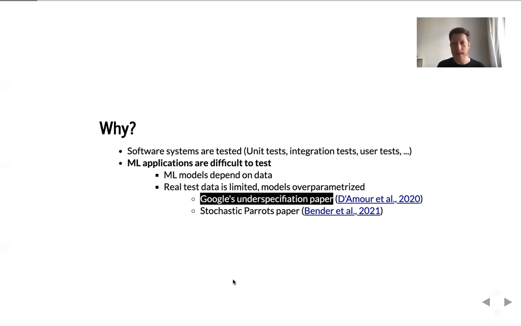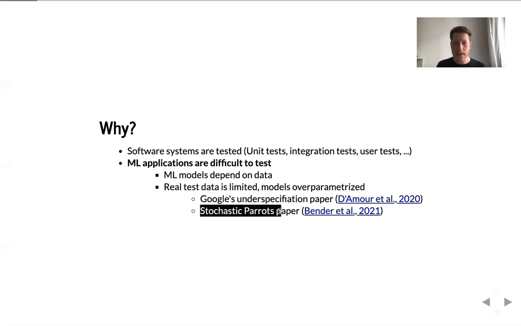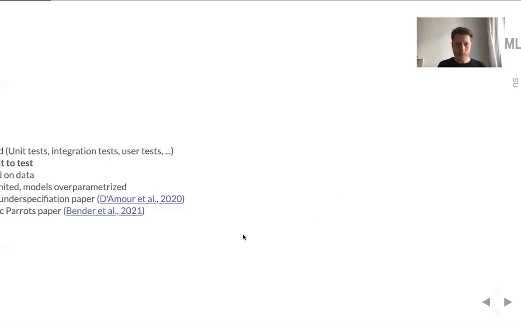This is due to the fact that these models are under-specified or over-parameterized, and we didn't have enough test data for them. A different angle is also presented in the stochastic parrots paper by Bender and colleagues, where the authors talk about some of the implications of these effects for responsible usage of machine learning systems in our society.